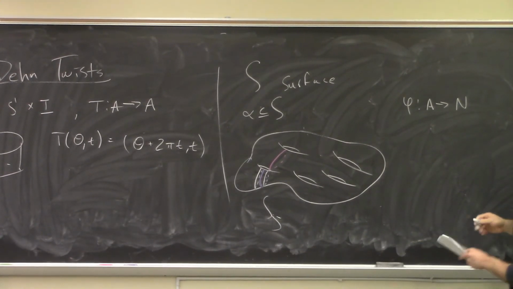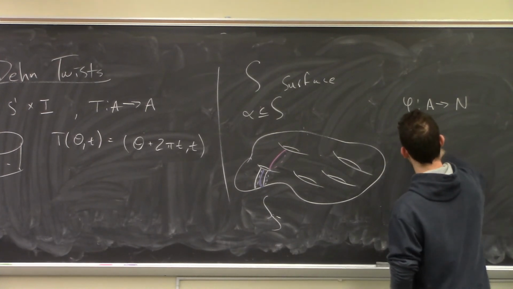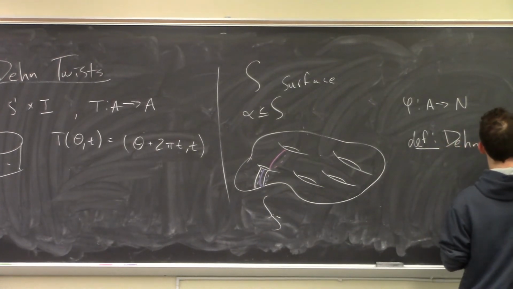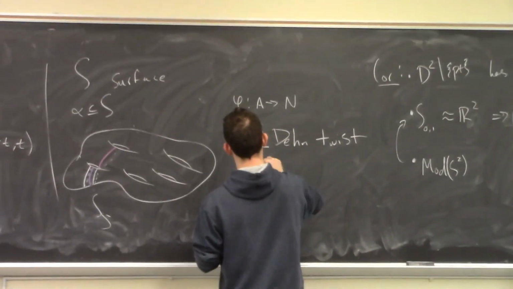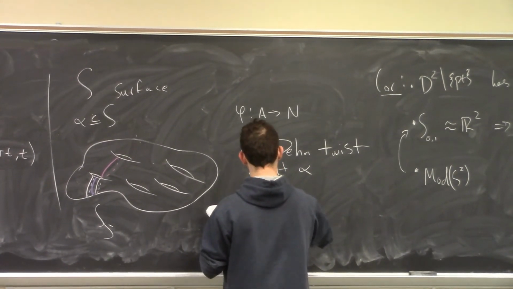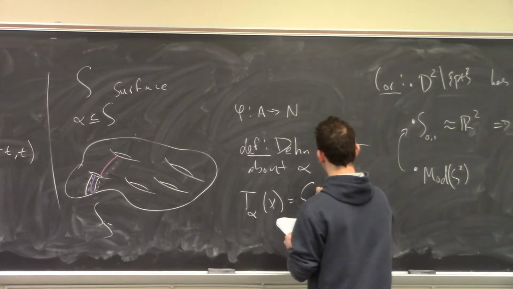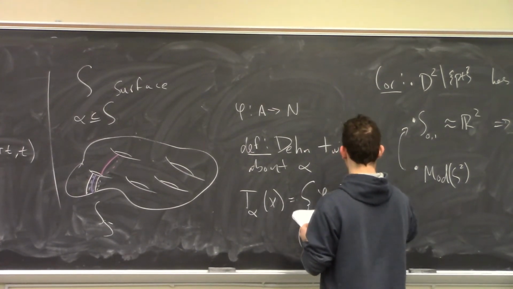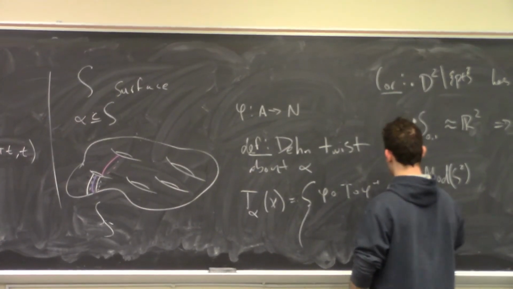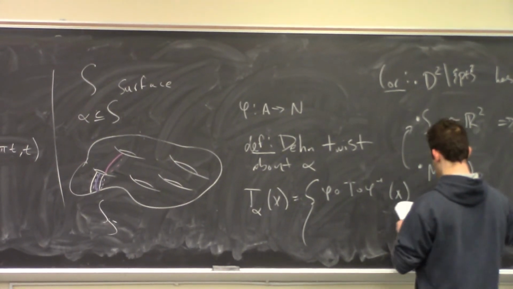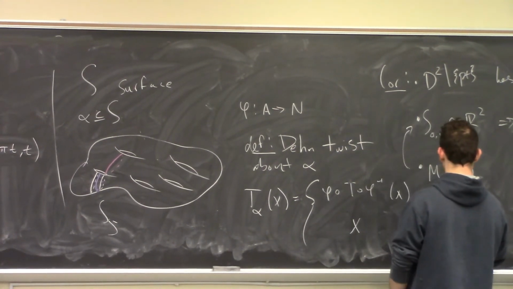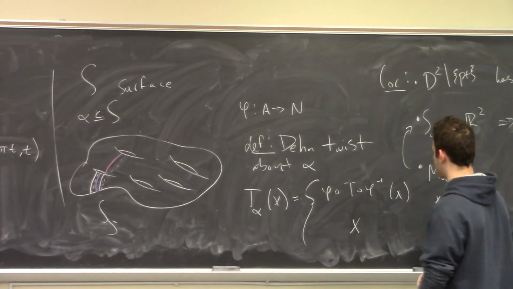And so the Dehn twist about alpha is defined as T sub alpha of x, and this is going to be phi composed with T, where T is over there, composed with phi inverse of x, if x is in this regular neighborhood, and it's just going to be the identity outside of this regular neighborhood.